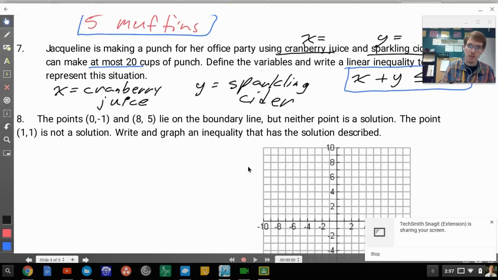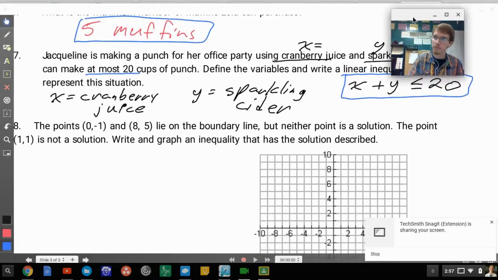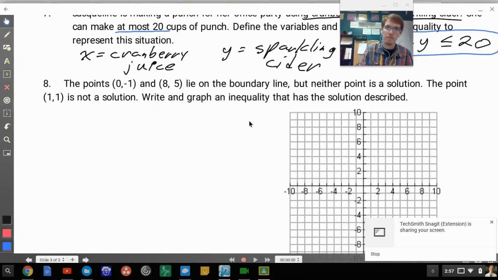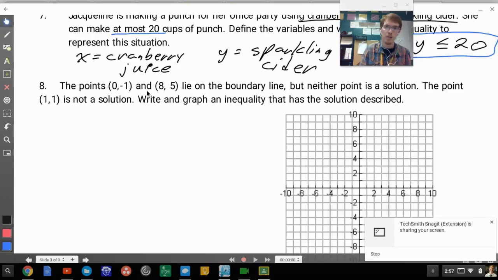Okay, let's look at this last one. Okay, the points 0, -1, and 8, 5 lie on the boundary line, but neither point's a solution. The point 1, 1 is not a solution. Write and graph an inequality that has the solution described.